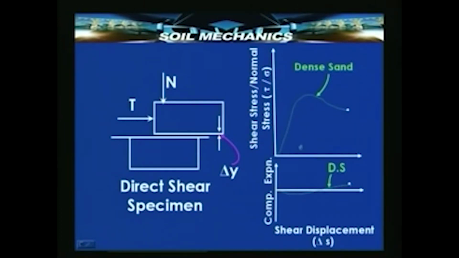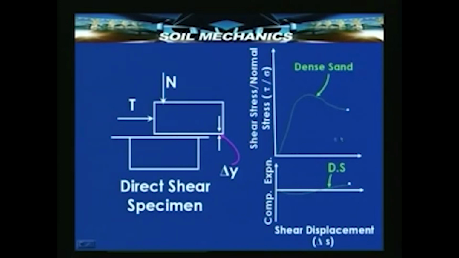What you see here in the first upper plot is that in case of dense sands, when you induce a shear displacement, that is when you conduct the direct shear test, as the shear displacement, this delta S, goes on increasing, the shear stress to normal stress ratio goes on increasing and it reaches a peak, and after further displacement it tends to come down and it reaches an ultimate stage. This is very typical of dense sands.